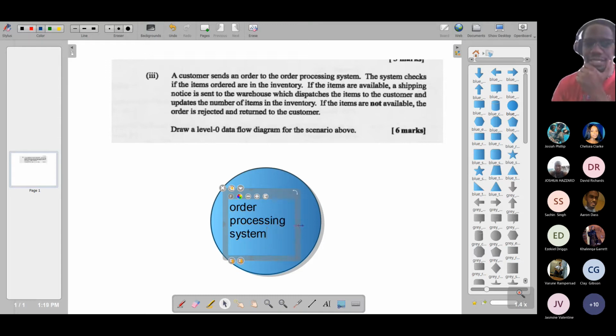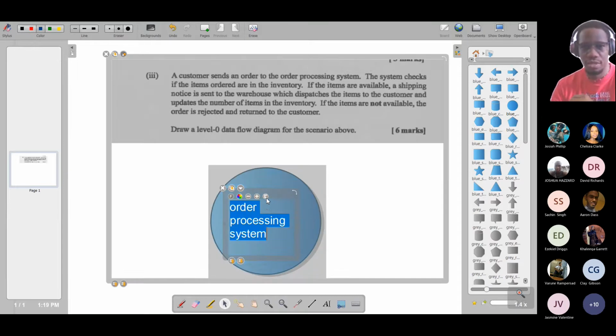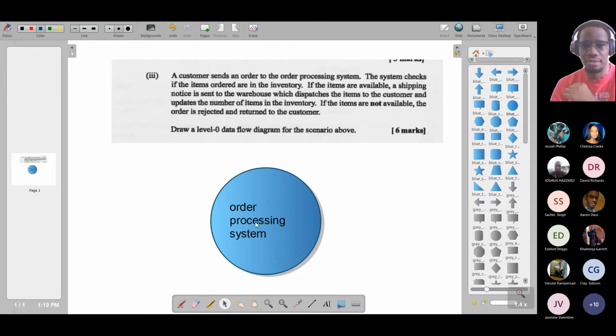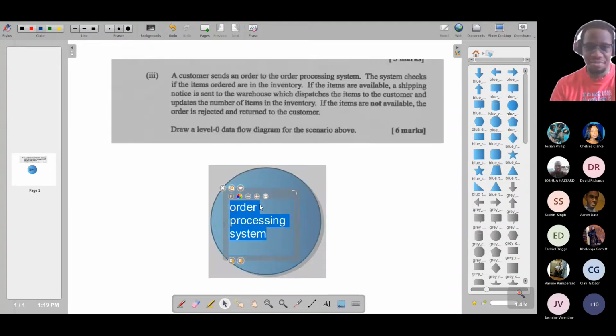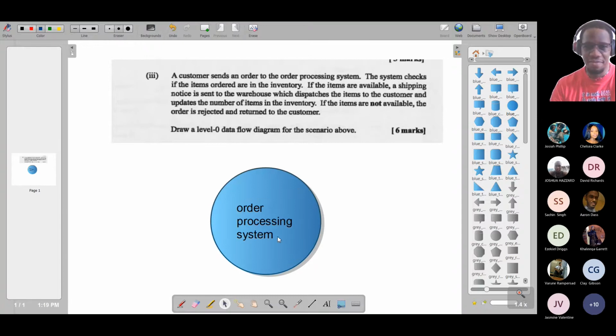Our order processing system. Nice. Okay, so my text doesn't want to behave.